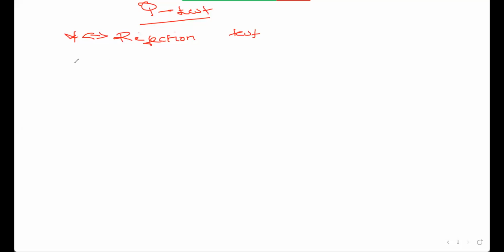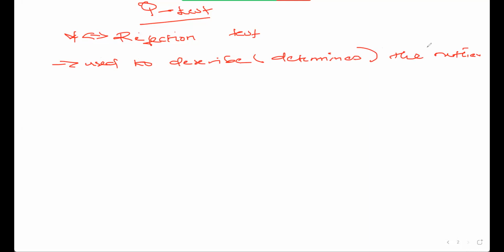Just briefly, this is used to determine the outlier. An outlier is a variable that looks suspicious, whether it can be retained, meaning you don't have to discard it, or discarded.